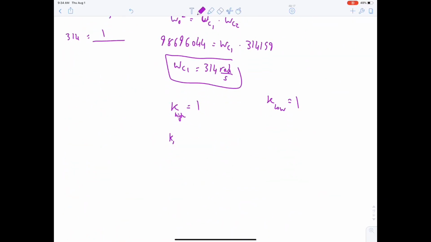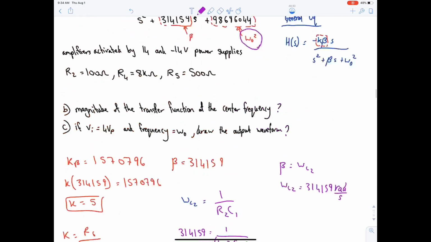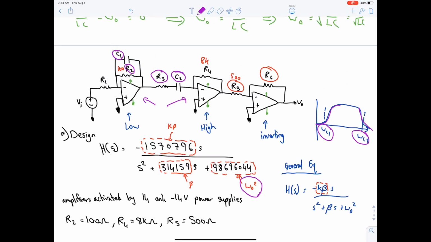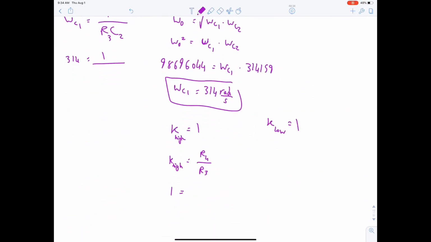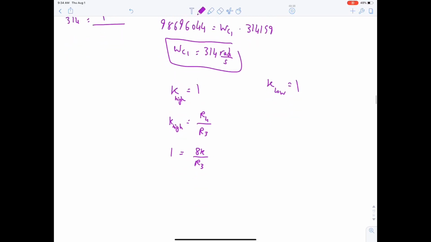K is 1, R4 is given, it's 8K, hence R3 is also 8K. So we found now R3.